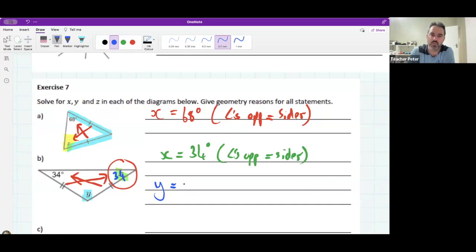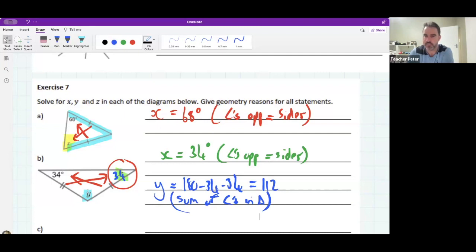So then you would say, well, that's just that, which is 112. And the reason is sum of angles in a triangle. And so this is 112. So there are other ways of doing that, but that's the most common.